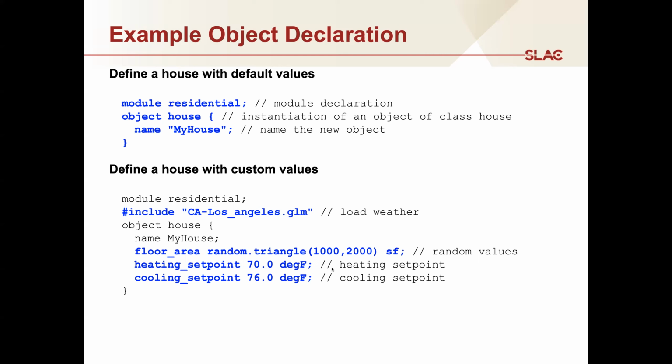Now, you can also then set values of the properties of different houses. So here's a little bit of an extended example where I first load weather data, and then with the weather data, I define the house. And the reason I bring this up is because in this particular example, we would find that given the size of the house and the heating set point, the Gridlab-d house creation process will look at the weather data for Los Angeles and design a house that adequately meets the requirements for that climate.